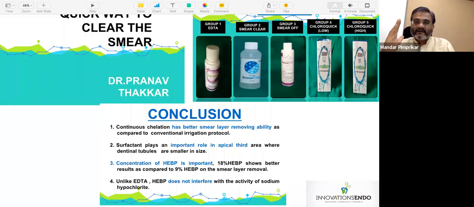But etidronic acid, even if it is left in the canal during the preparation, being a mild chelating agent, it will not affect the dentinal structure and will not change the modulus of elasticity of the dentine. And that is critically important when we face vertical root fractures or weakening of the tooth.